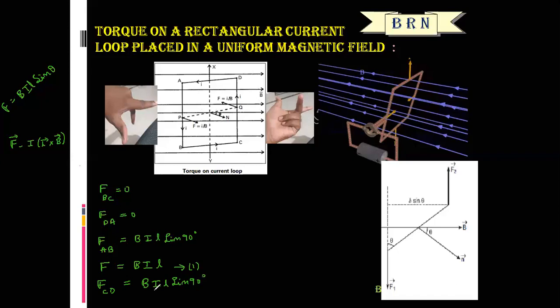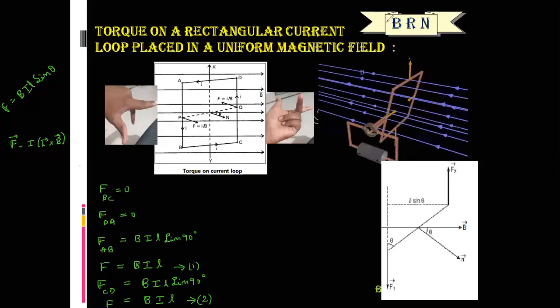Sine 90 is 1. Again, the force acting on CD is BIL. So that is also maximum. So call this equation number 2. So what is the direction of force acting on AB, direction of the force.